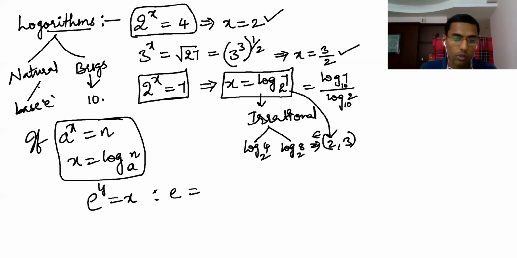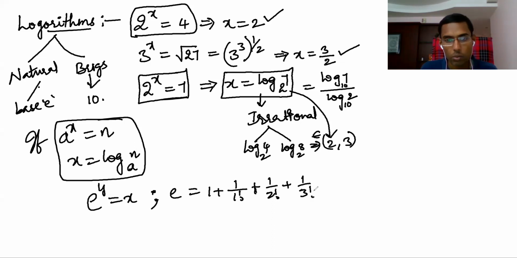The value of e is 1 plus 1 by 1 factorial plus 1 by 2 factorial plus 1 by 3 factorial, and so on up to infinity. This is calculated to approximately 2.8, consider. If you calculate this, approximately you get 2.8.